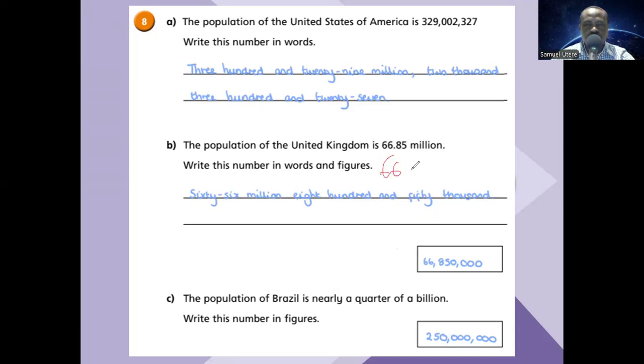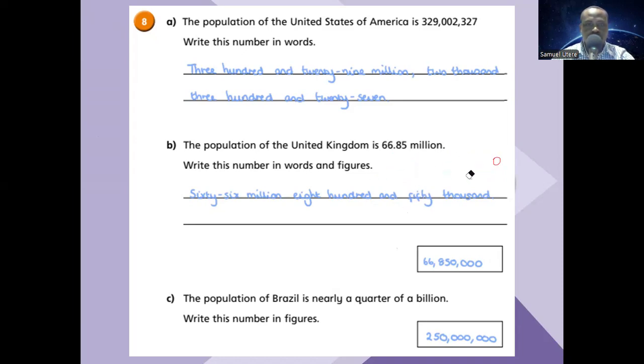We're going to have 6 digits following that. So when you hear point, so 66.85, you're going to have 85 following that. You put 0 there, and then all these are 0. So that's why you have that there.